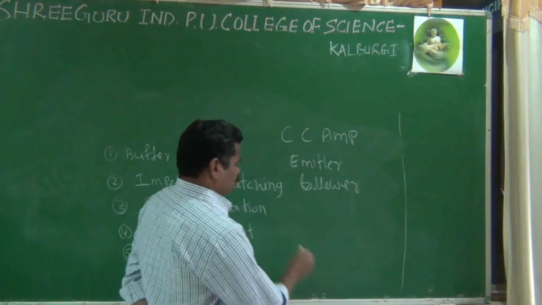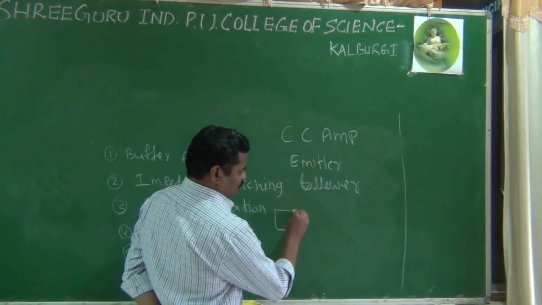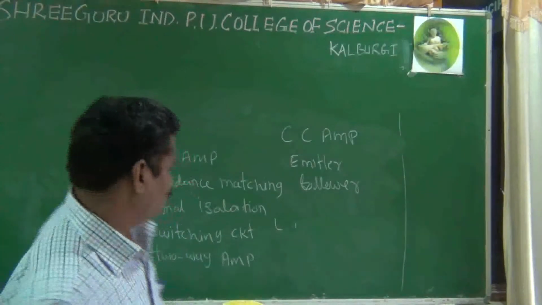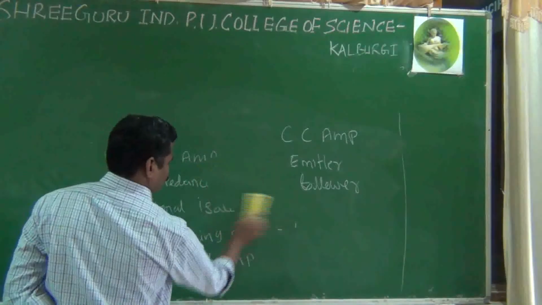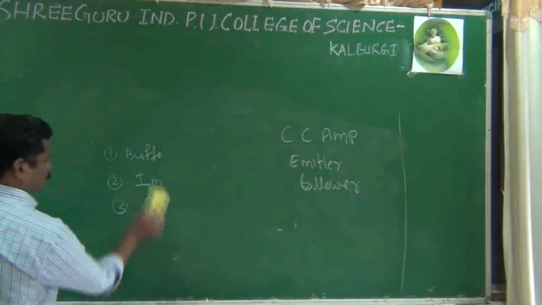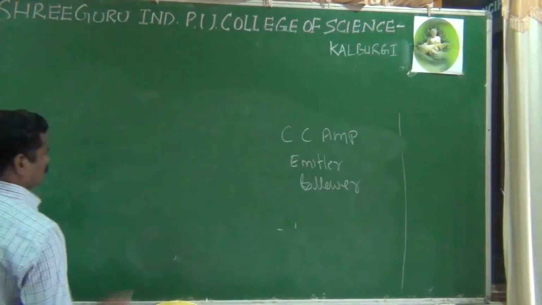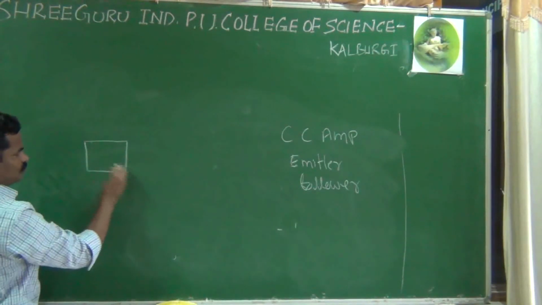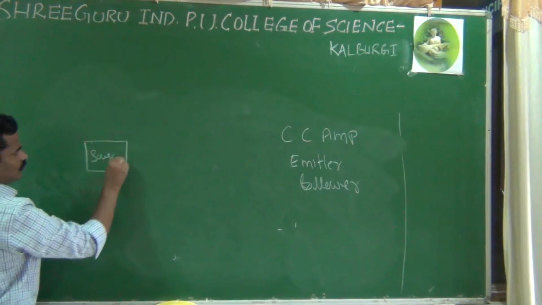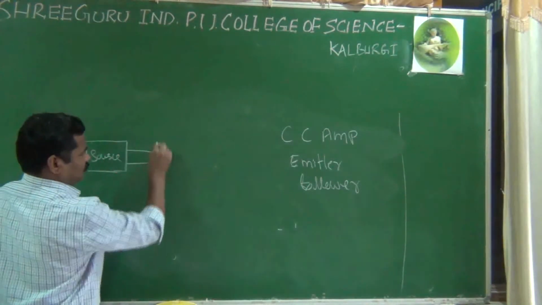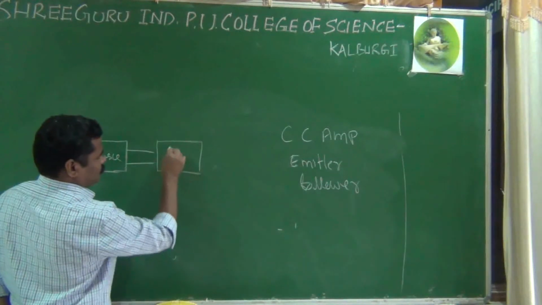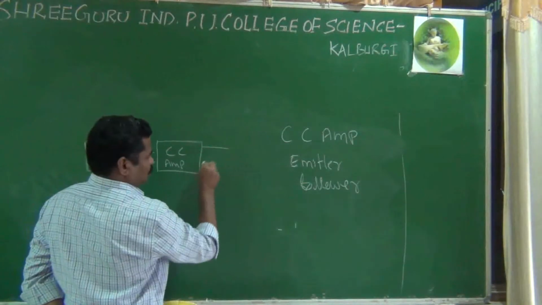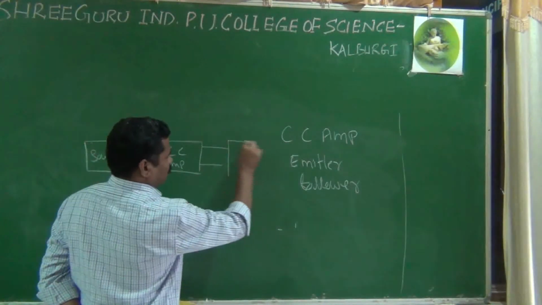What is the most important application? For example, this is your source, and this is your CC amplifier, also called the common emitter follower. You have the load.